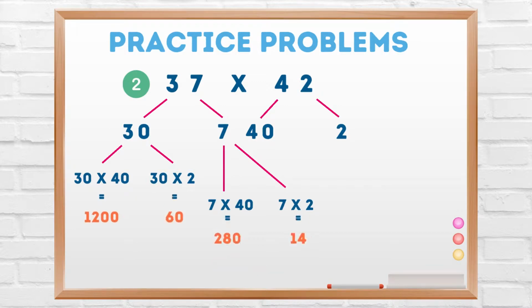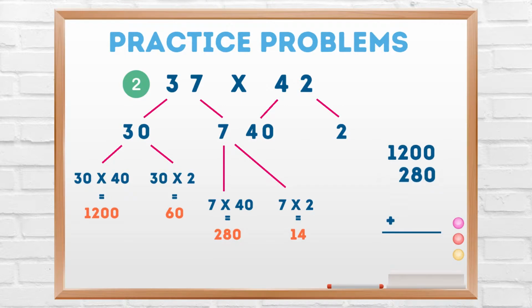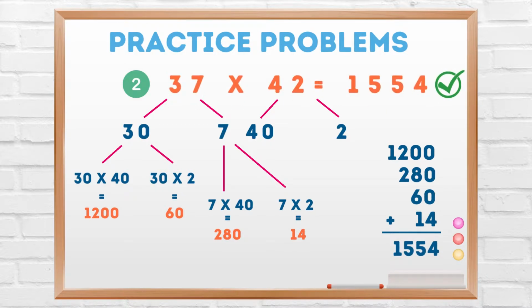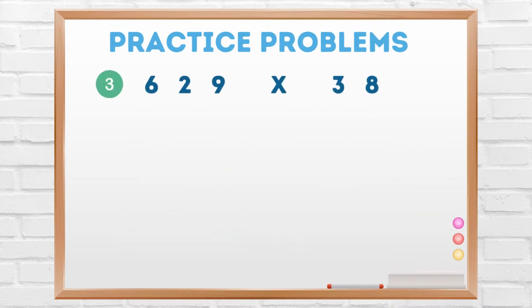Now we add all of the products together. 1,200 plus 280 plus 60 plus 14 equals 1,554. So 37 times 42 equals 1,554.